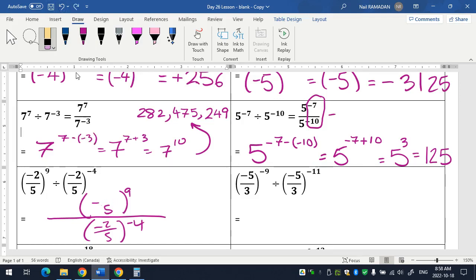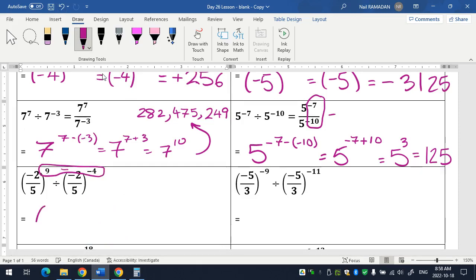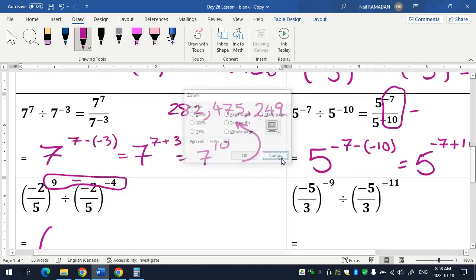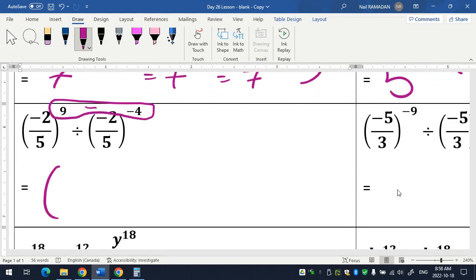All right, so I am going to surround these and do a minus. So what do I get? Let's zoom in. So minus 2 over 5 to what? 9 minus minus 4, 2 minuses.